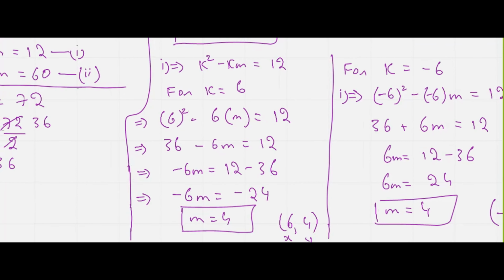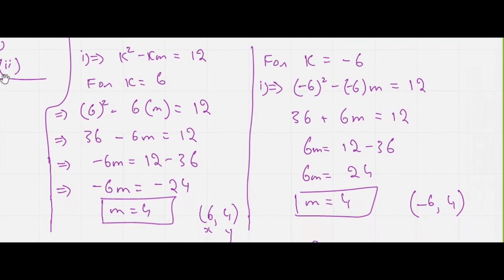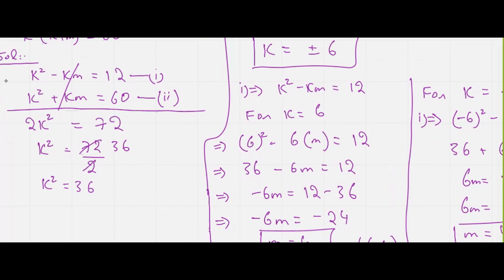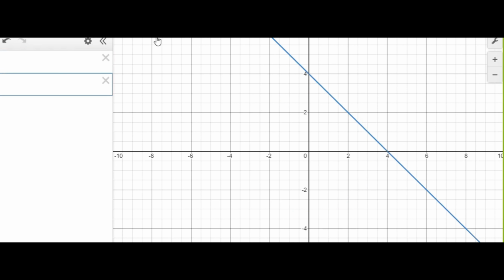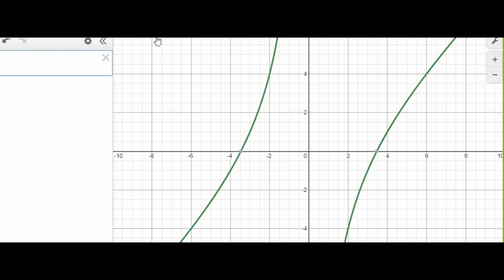Over here, in place of km, I'm going to use the variables x, y, because the calculator actually recognizes only x and y variables, right? So these are the two equations I'm going to use. First one is going to be x squared minus xy equals to 12. This is the curve.